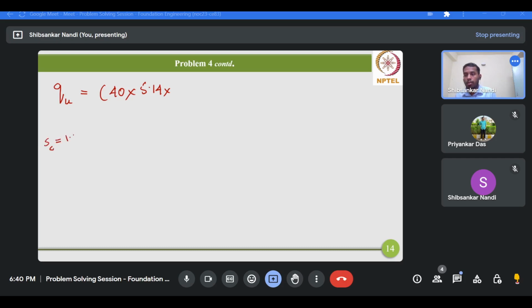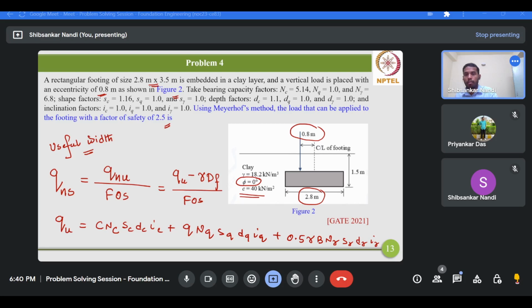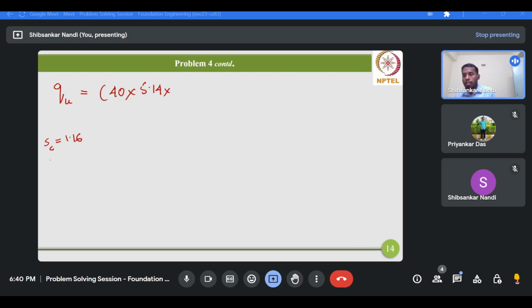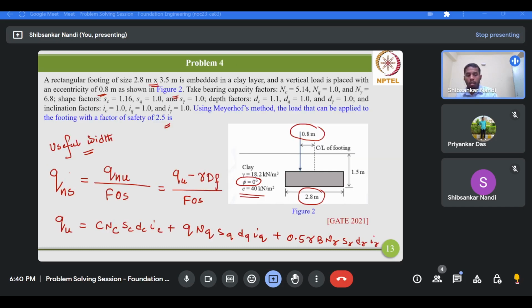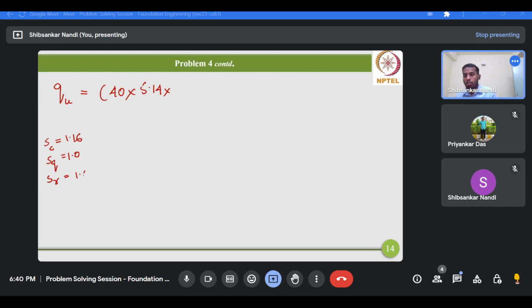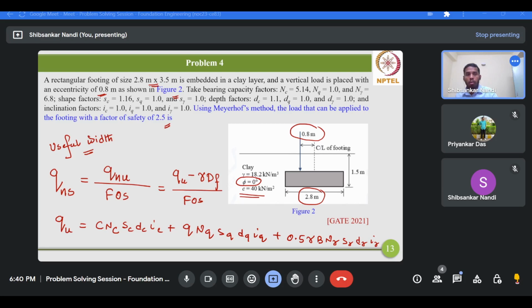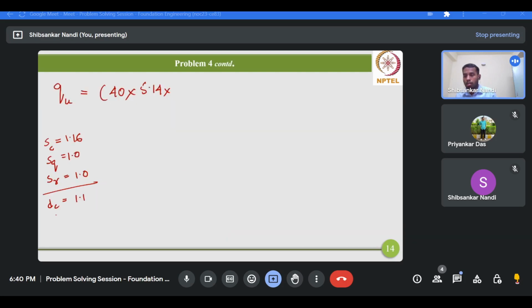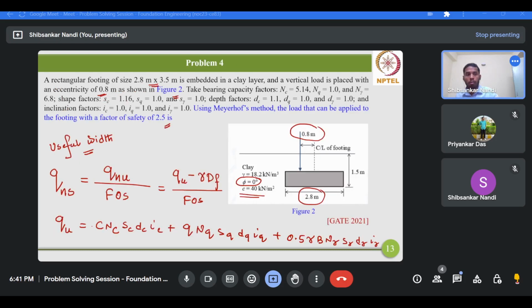So Sc is 1.16, then Sq is 1, S gamma is 1. These are the shape factors. Then Dc is 1.1, Dq is 1, D gamma is 1.